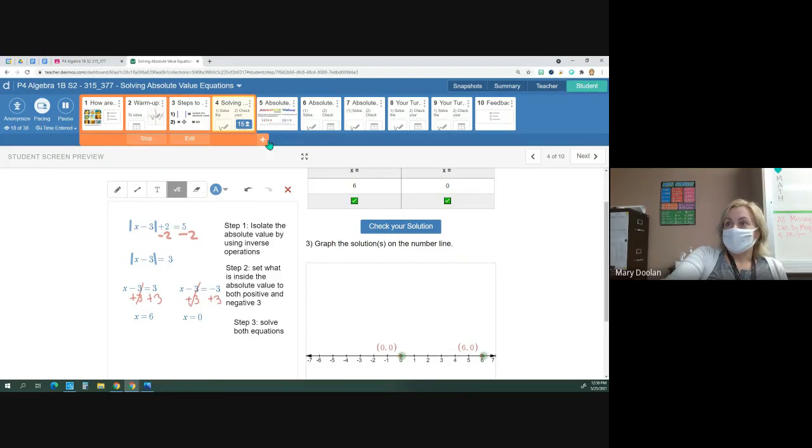Okay, so I am going to open up slide 5, and when you're done copying slide 4, click the next button, and then when I have at least half of us, I'll know that most of you are ready to move forward.